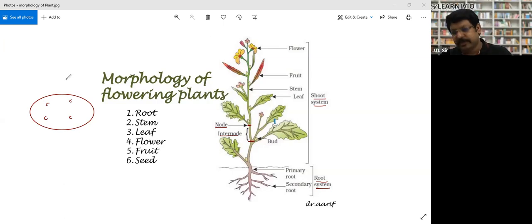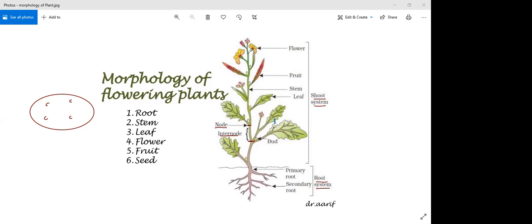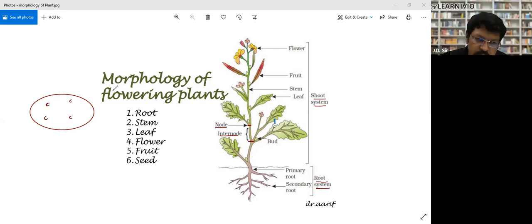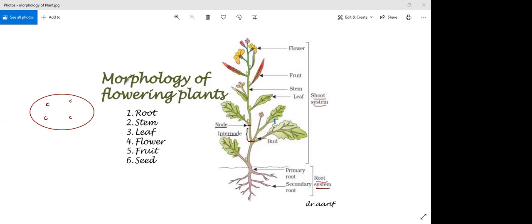On the basis of what characteristic are you arguing that the potato is a stem? Because of buds, sir. So stem has buds. Yes. And root does not have buds. Yes, root does not have buds.